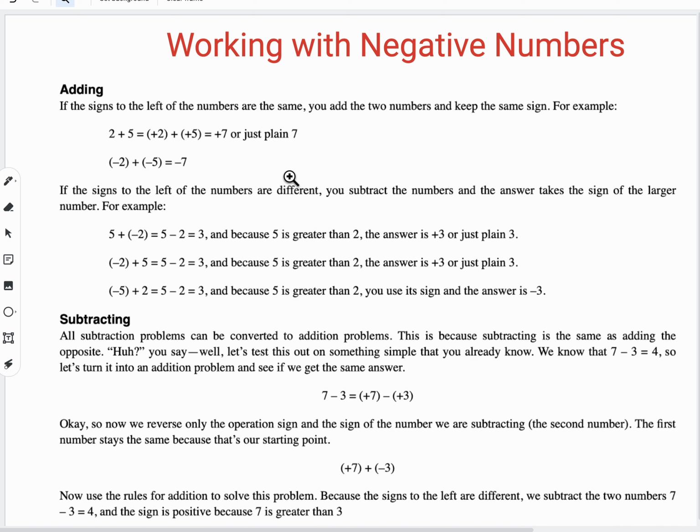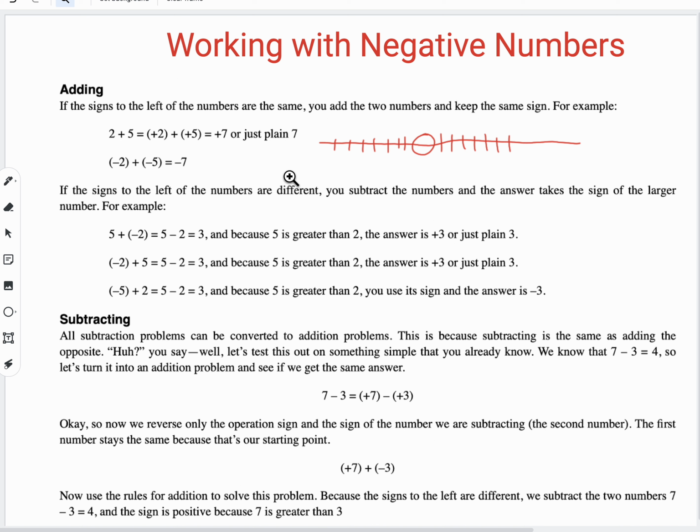Now let's see what that would look like on the number line. On the number line, we can begin with 0. And let's remember, anything to the left of 0 will be negative in value. Anything to the right of 0 on our number line is positive in value.